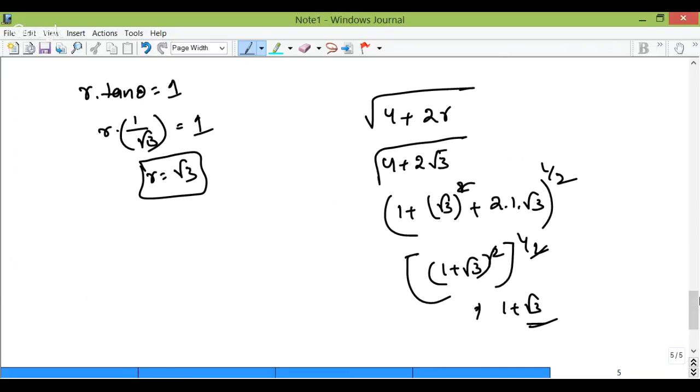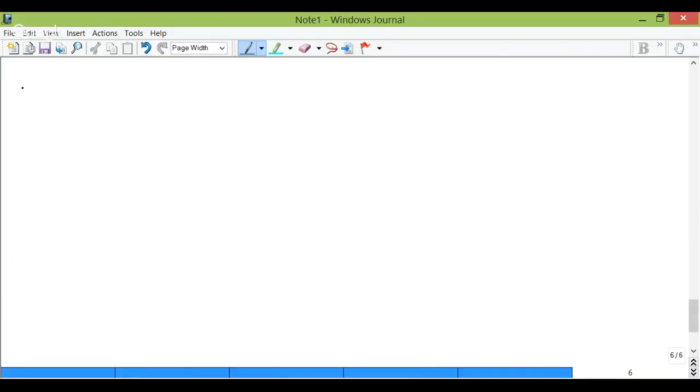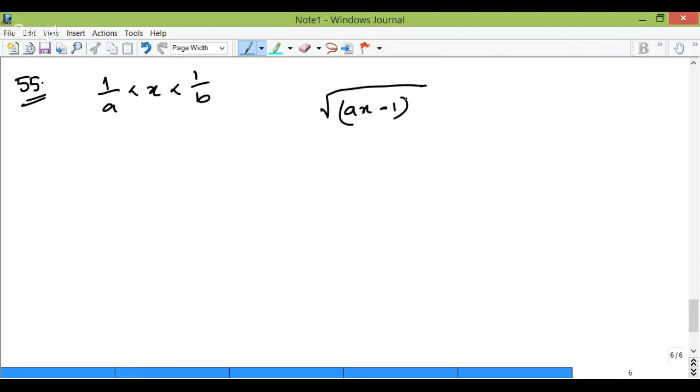55th question. The given condition is 1 by a less than x less than 1 by b, and it is asking the value of under root of ax minus 1 whole square plus under root of bx minus 1 whole square.